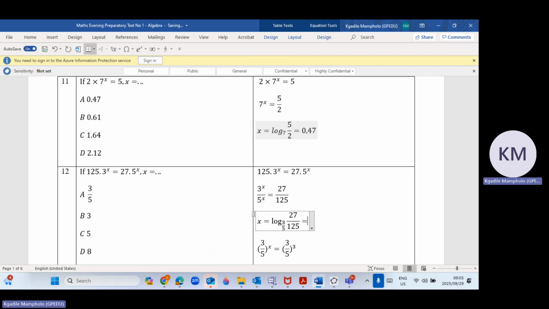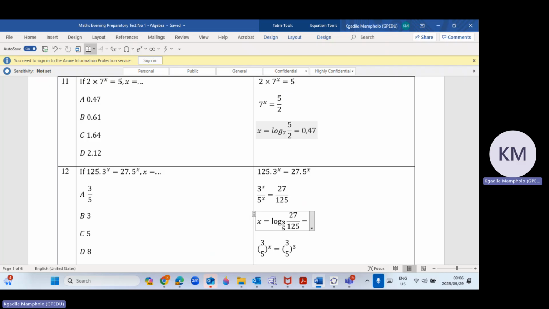And then you punch it on your calculator, press the log, this below the on key, then you say 3 over 5, and then you say 27 over 125.